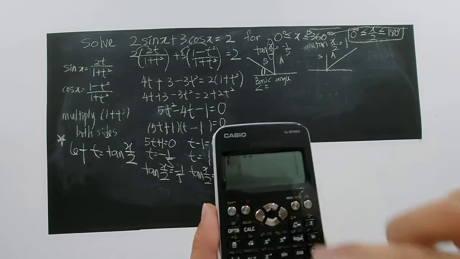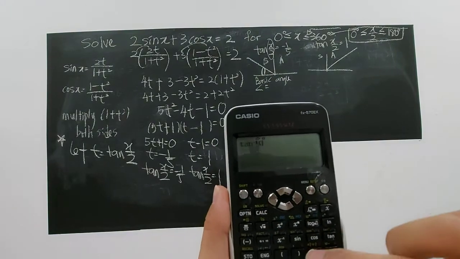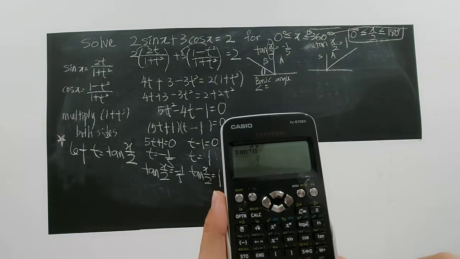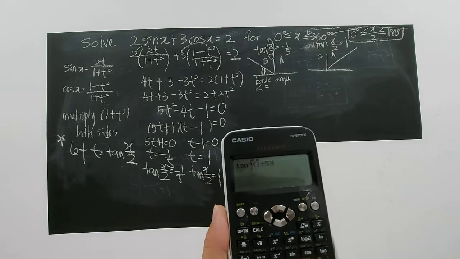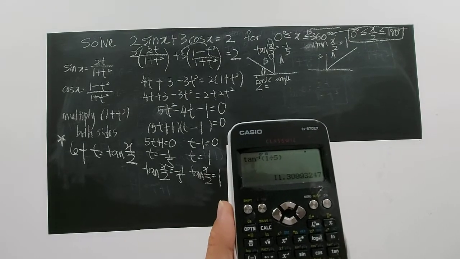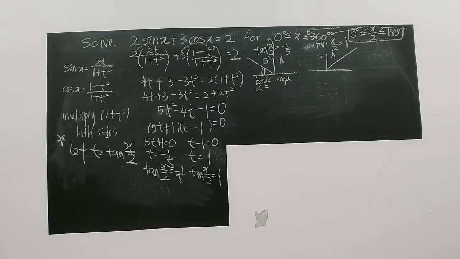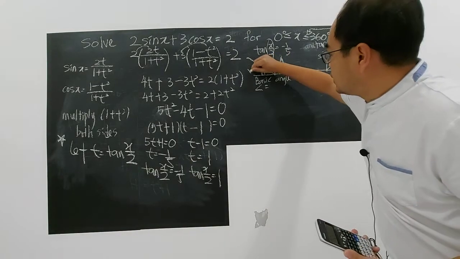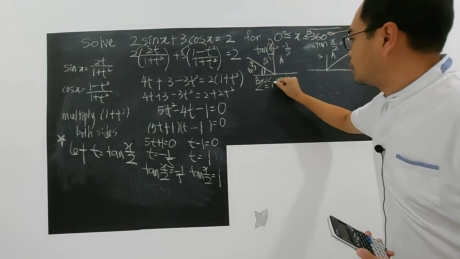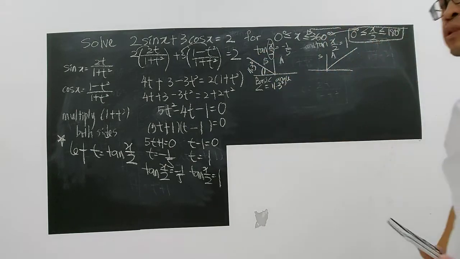You go shift tangent, which is actually arc tangent, 105. Just key in the positive value, please remember, positive. You get 11.3, 1 decimal. So 11.3 means this is 11.3 degrees. The basic angle is 11.3 degrees.